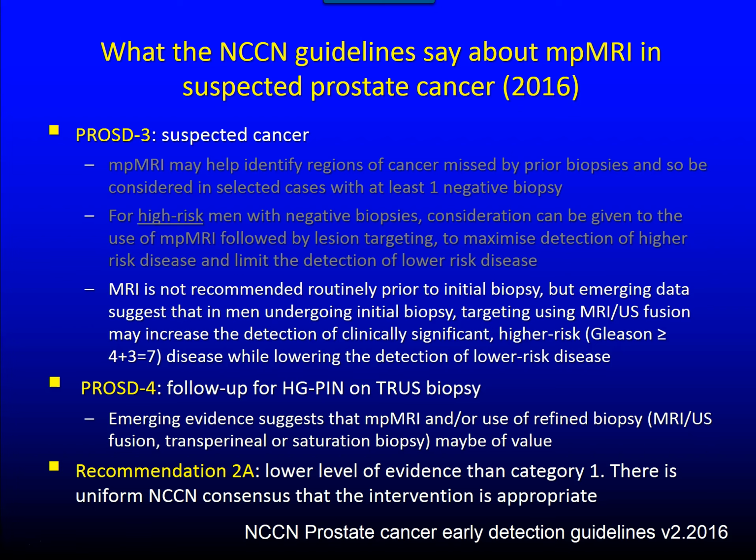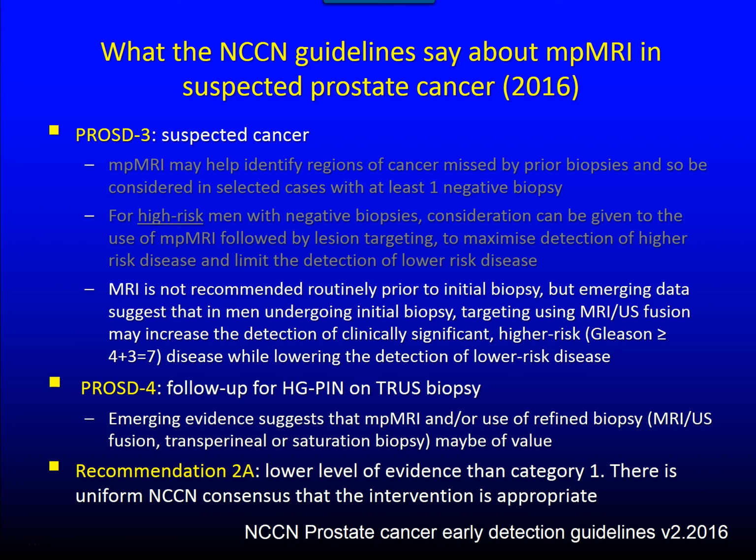Furthermore, the NCCN guidelines also state that MRI is not routinely recommended prior to the first biopsy, but emerging data suggests that when used in this way and targeting is performed with an MRI fusion biopsy, it may increase the detection of clinically significant disease and higher risk disease while lowering the detection of low risk disease.